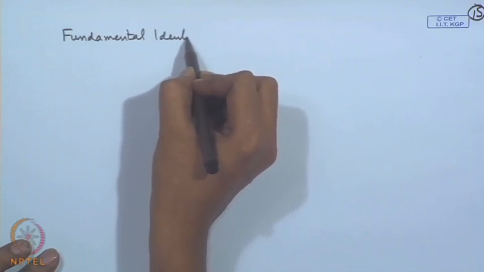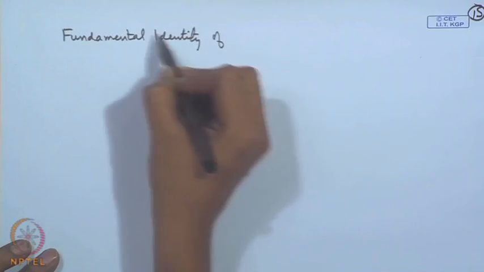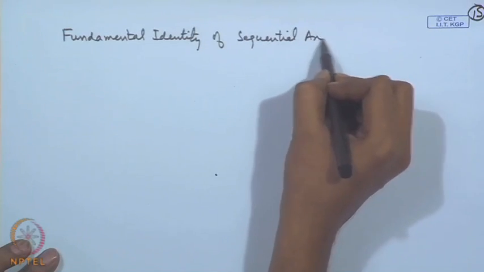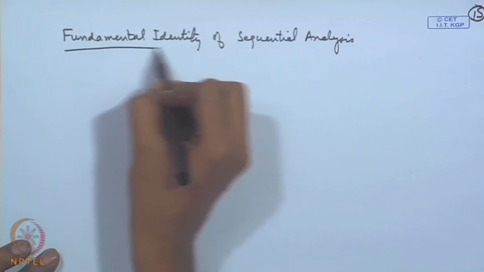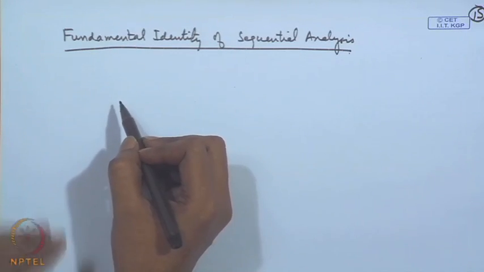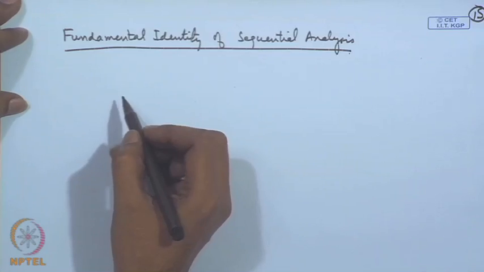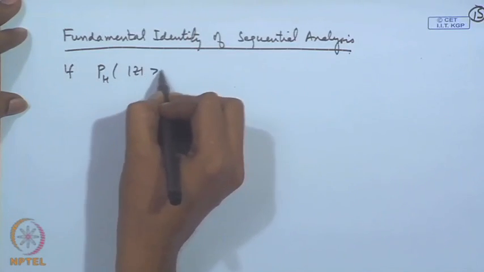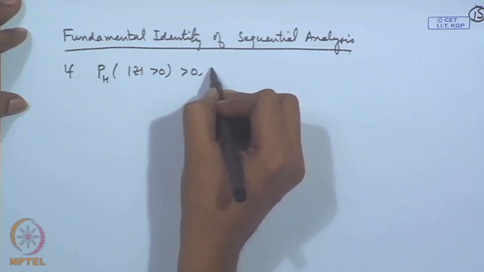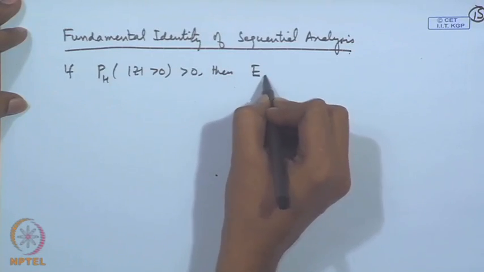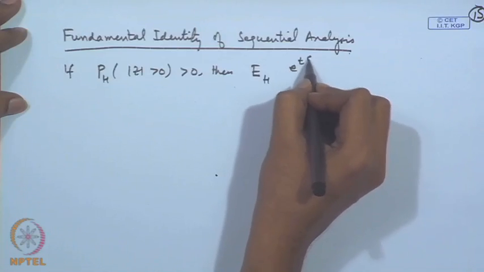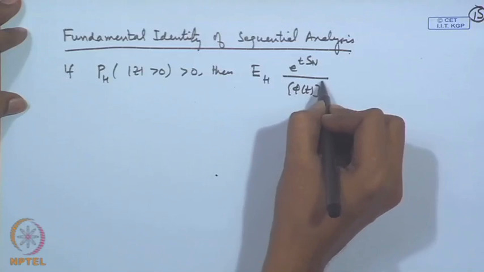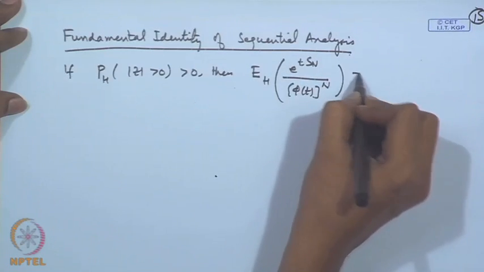fundamental identity of sequential analysis. What is the fundamental identity of sequential analysis? The fundamental identity is that if probability of modulus z greater than 0 is greater than 0, then expectation of e to the power t s n divided by phi t to the power n is actually equal to 1.